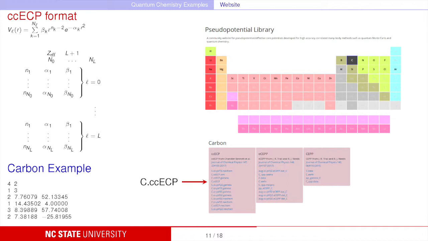But if you look at the Trail and Needs paper from 2016, I have it linked in there. For the majority of the periodic table where they had tested potentials, it looks like if there's a ghost in the DFT, there's a ghost in the QMC, and there are very few examples where the reverse is true, where there's not a ghost in the DFT.